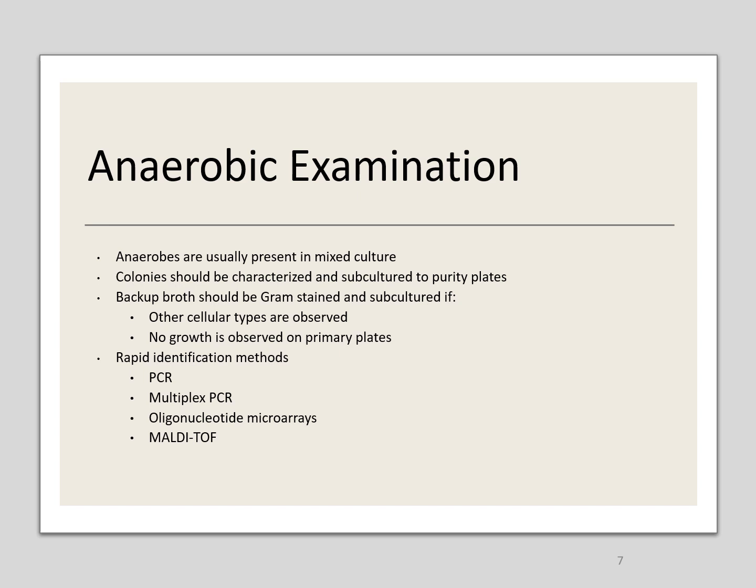With examining anaerobes, you're typically going to find a mixed culture because you do have so many normal anaerobic flora. That's why trying to get that differential or selective type media in that culture setup is crucial, so that you can eliminate some of the other anaerobes that may be present.